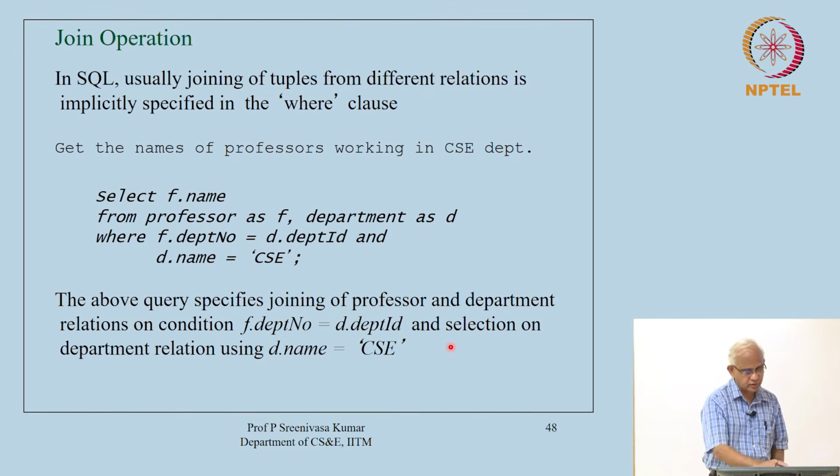So, for example, get the names of professors working in the CSC department. This is how the query can be specified, and from our background of having studied relational algebra, we know that f dot department number equals d dot department ID is actually a join condition, whereas d dot name equals CSC is a selection condition.